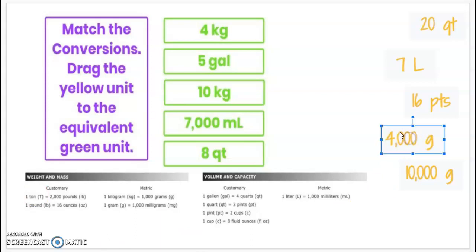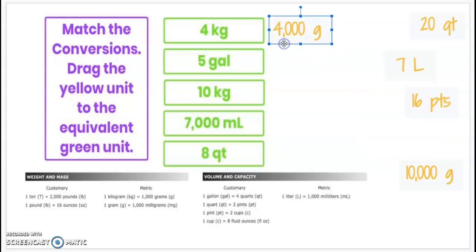So you take it and bring it right over here. You either have to multiply or divide. This is a bigger number. This is milliliters, ml, not milligrams. This is a bigger number, so we're probably going to have to divide. All the rest we're probably multiplying.